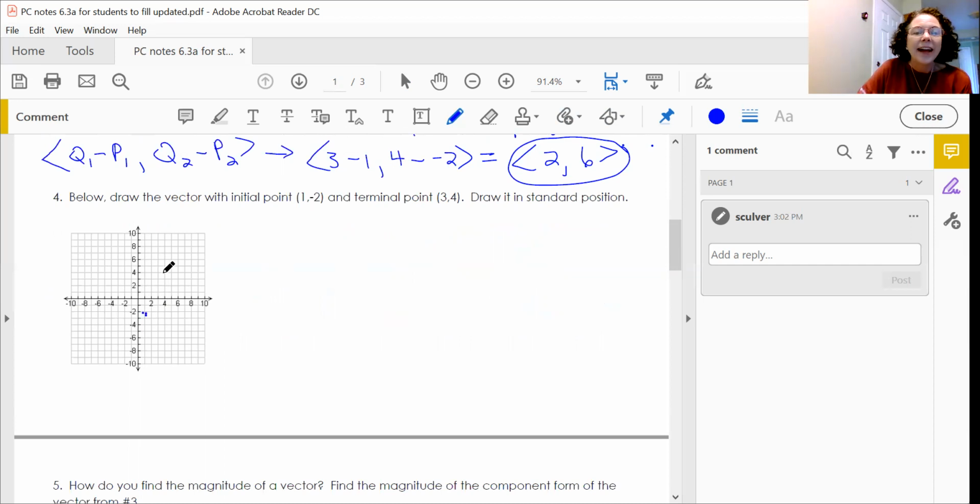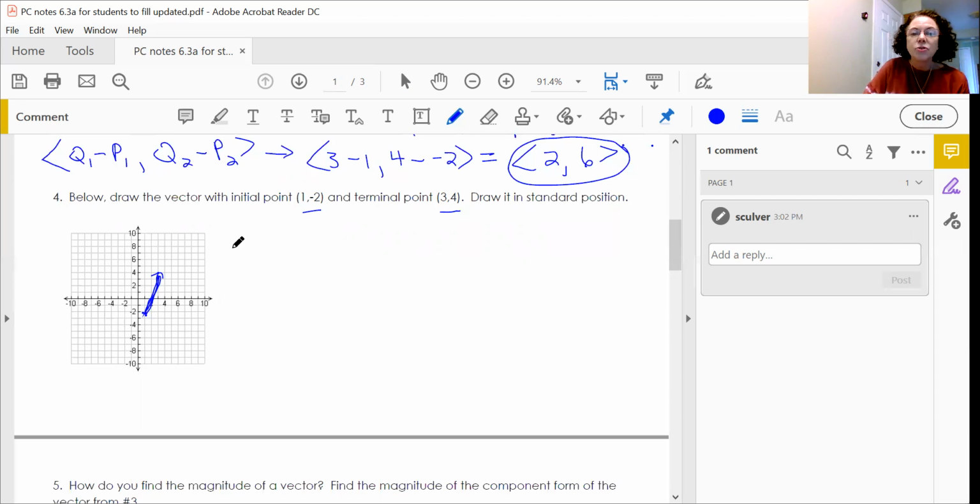There we go. And a terminal point of 3, 4. Here we go. Let's connect those. That's supposed to be straight. There we go. So there's our vector with an initial point of 1, -2 and a terminal point of 3, 4.